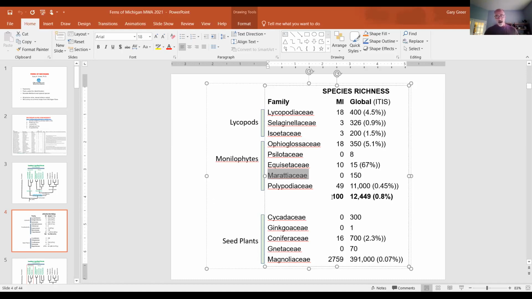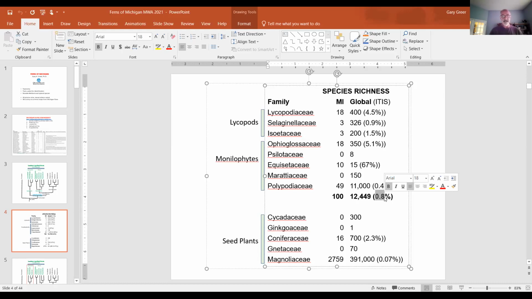We have, as I said, about 100 species altogether of pteridophytes in Michigan out of, and this is an underestimate, but I get this from ITIS, the International Taxonomic Information System, estimates that the number of species of pteridophytes in the world is about 12,500. Other sources that I trust a bit more, like the Smithsonian, put it closer to about 15,000. Nevertheless, Michigan contains less than 1% of the global diversity.